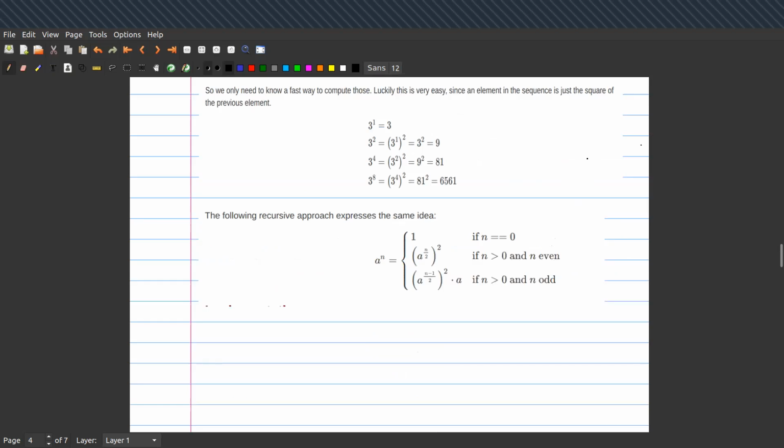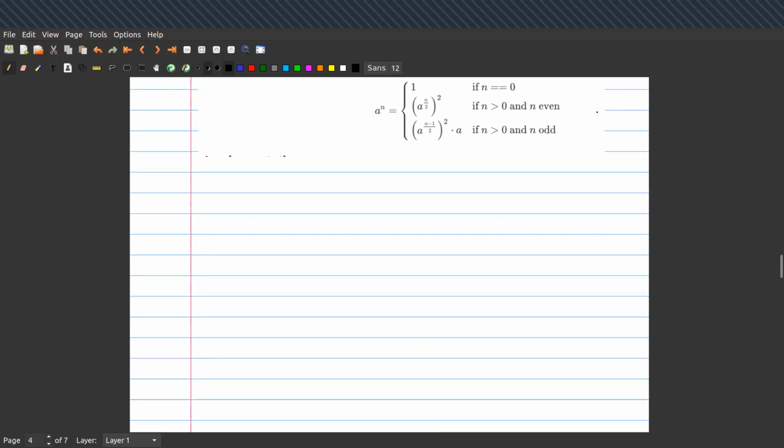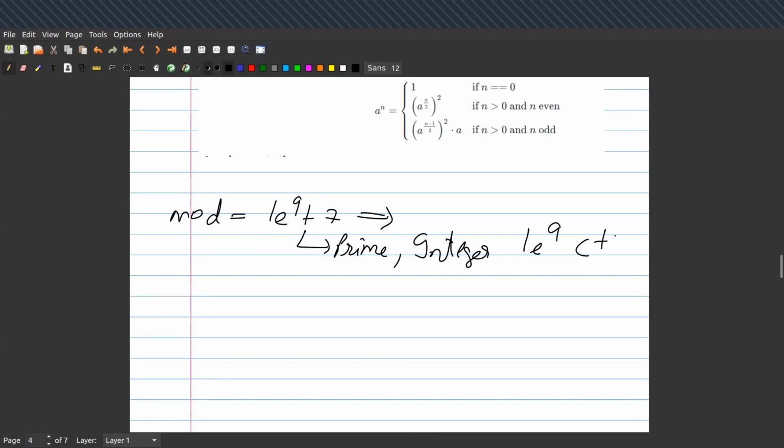Usually you will see the mod as 1e9 plus 7 on most of the competitive programming side. Why this? Because this is a prime number, and this makes the result fit in integer range. The integer range is around 1e9 only in C++.